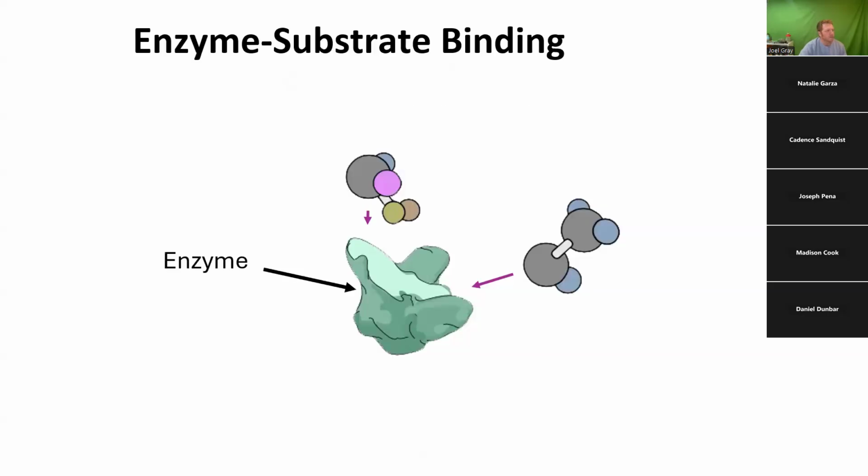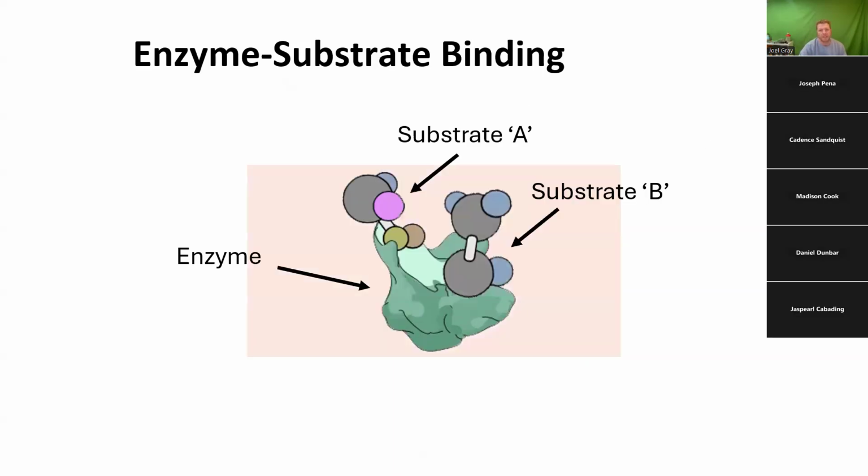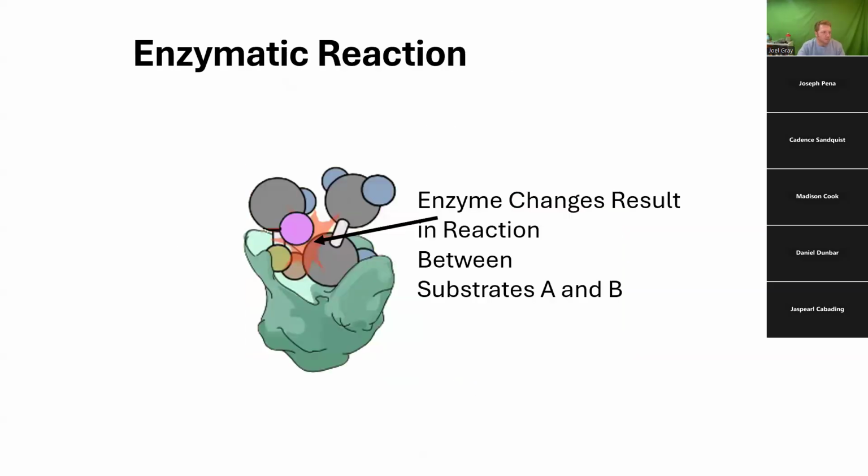Now, here's our enzyme, our substrate A, our substrate B. This is just kind of giving you the logistics of what's taking place. Our enzyme will bind our two substrates. If it binds two substrates, this will form what's known as the ES complex. I want you to know that as ES, as one complete thing. So that means the enzyme has bound to the two substrates, or in some cases, individual substrates.